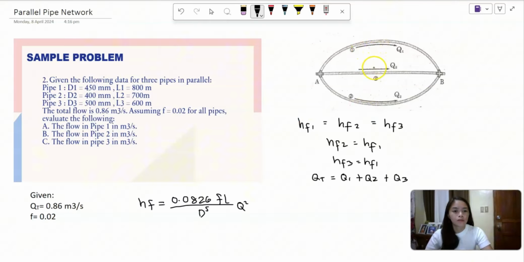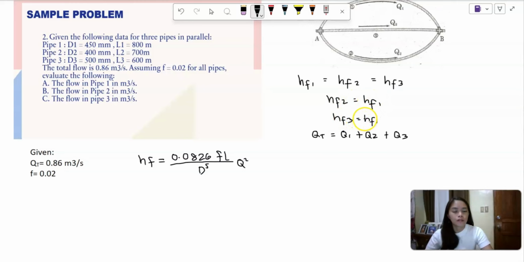Or we can also write it as HF2 is equals to HF1 or HF3 is equals to HF1, because we will use these two equations later. The total flow is just equals to Q sub 1 plus Q sub 2 plus Q sub 3.